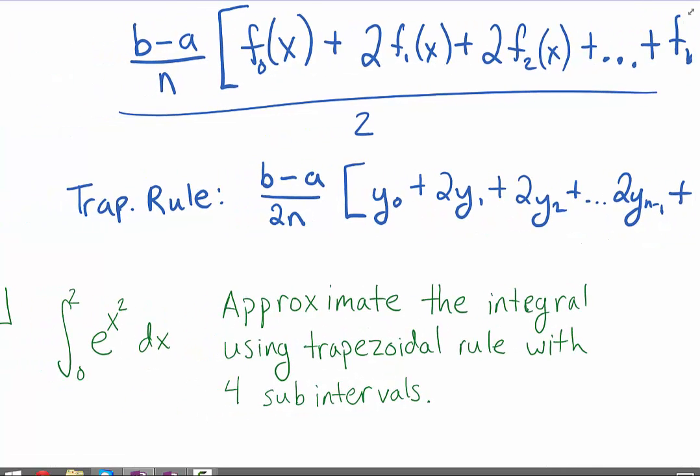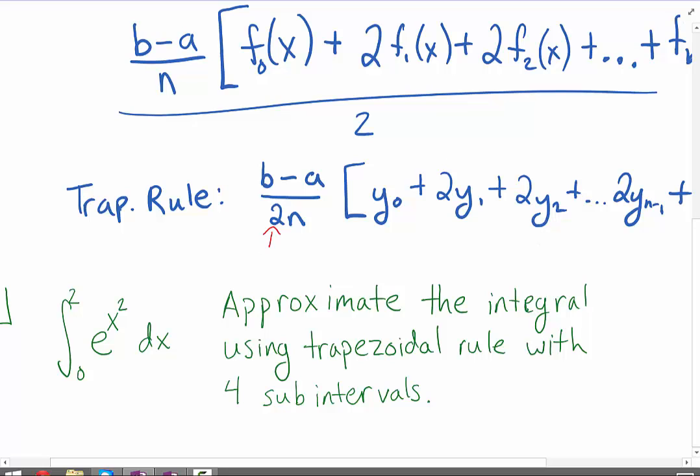Now the one thing to be careful about is that this (b minus a) over 2n right there is not going to be your width. That's not what you're changing by, because of the 2. You're still only changing each time.